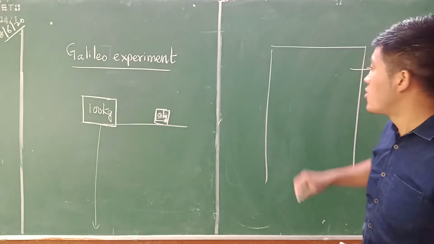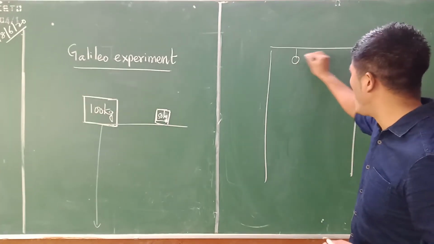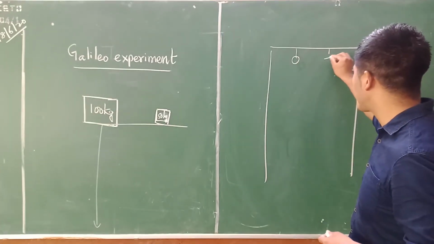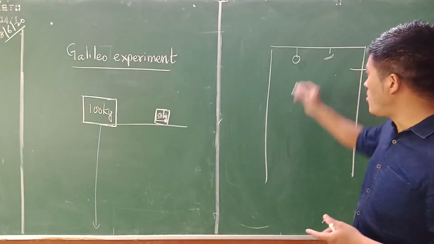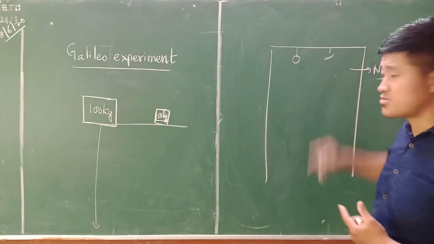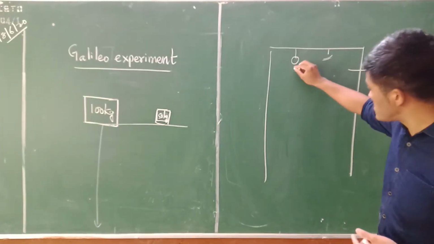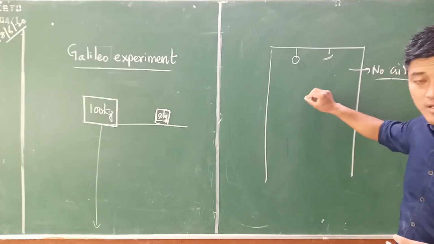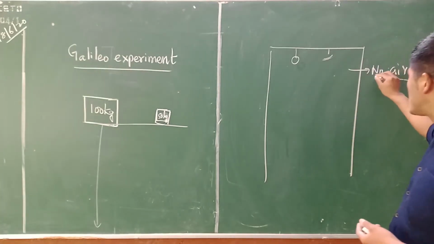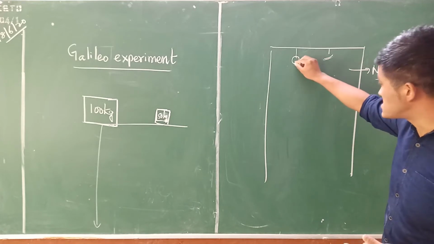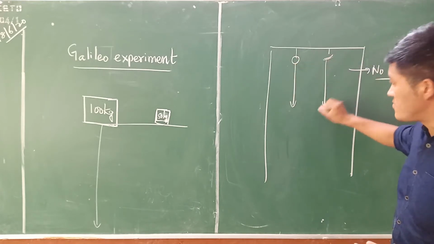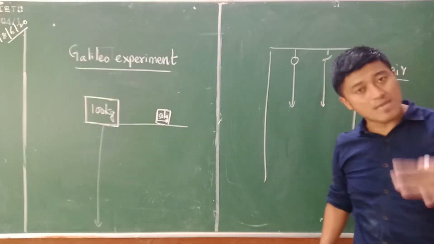So when he took a ball and a feather, the ball is much heavier compared to the feather. But in that container, where there is not even a single amount of air, we see that both the ball and the feather reach the ground at the same time.